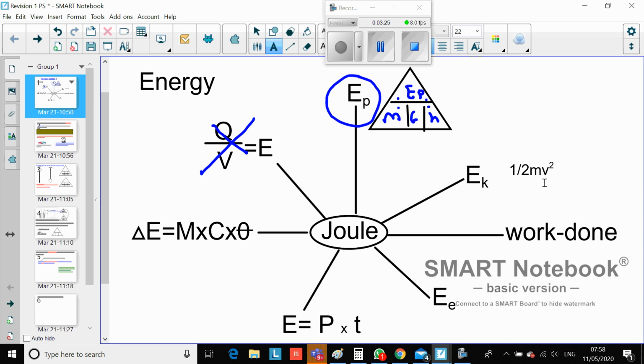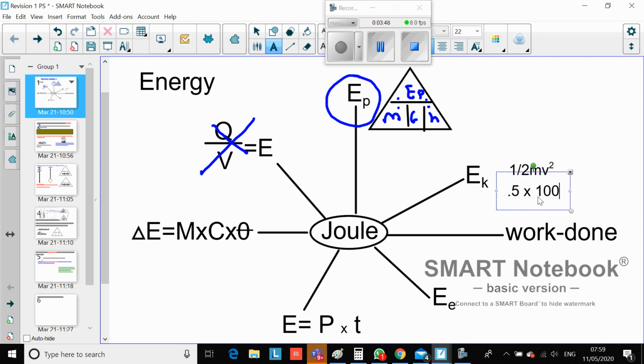Okay. So what that means is, if we want to know how much kinetic energy, how much movement energy an object has, let's just say you had something that weighed 100 kilograms, okay? We put in firstly half. Now half, always put in as 0.5, then times, say, 100 kilograms.